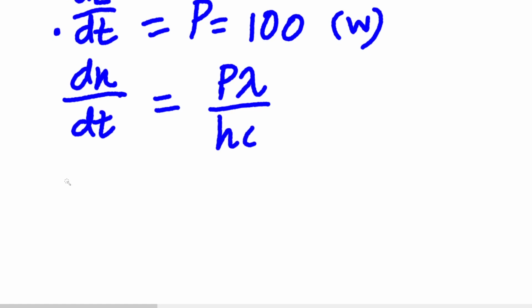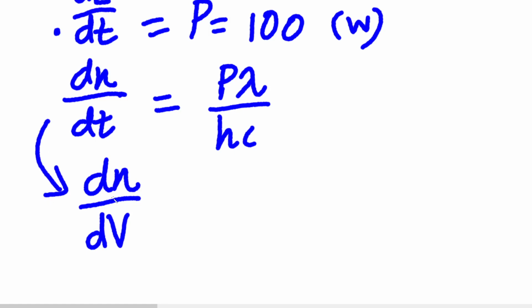And we want to remember that we're looking for the density of photons at a particular point in space, dN by dV. How to get from dN by dt to dN by dV? Well, to do that, the first thing that comes to mind is we need to multiply by dt again, and divide by dV somehow.